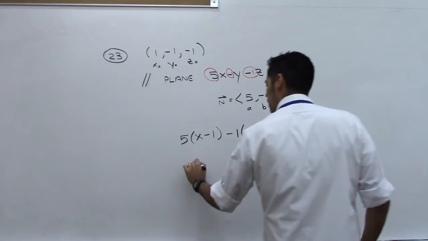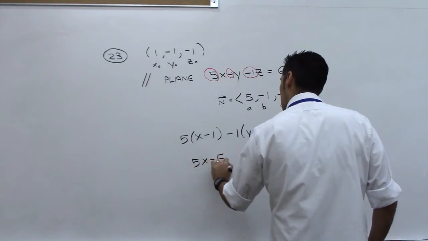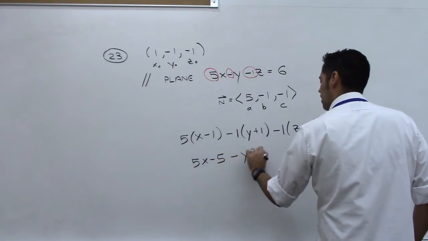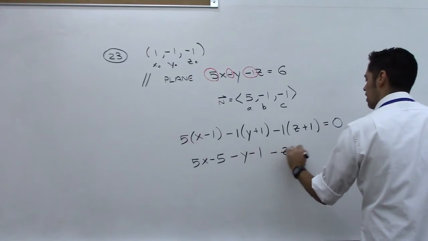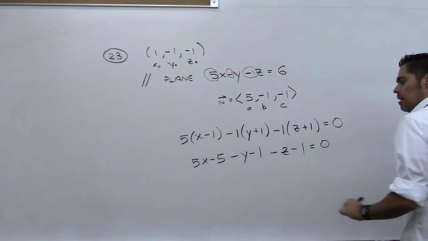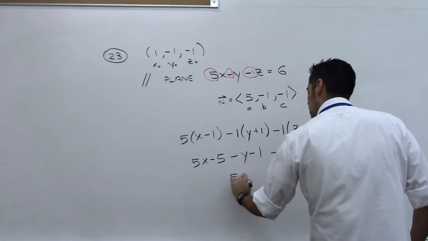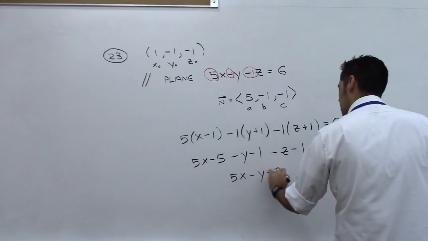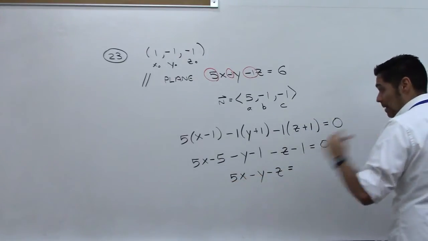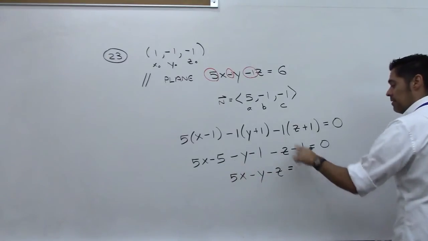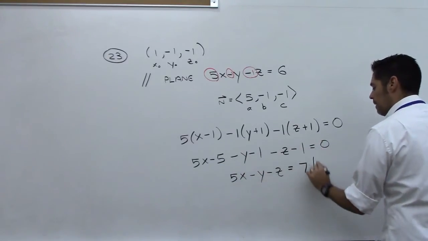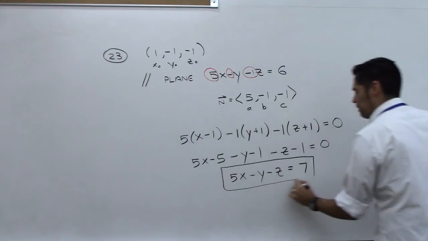Distributing through, 5x minus 5 minus y minus 1 minus z minus 1 equals 0. And we should get 5x minus y minus z equals, let's see, this is -6, -7, take it to the other side, so 7. This should be the equation of the plane.